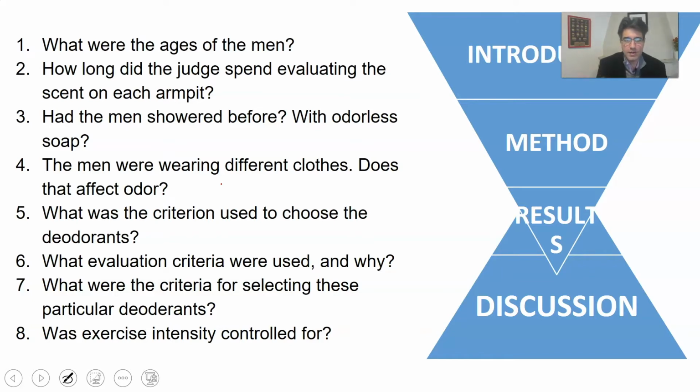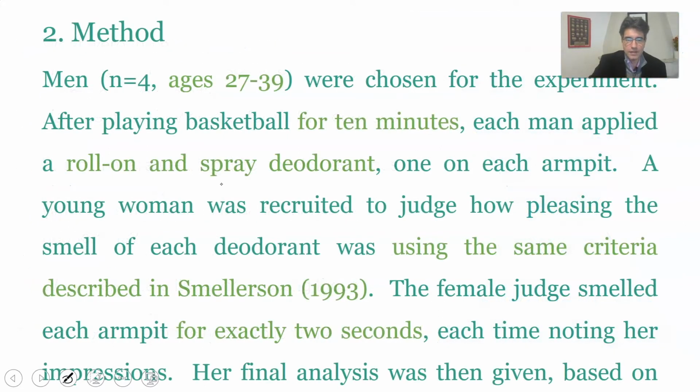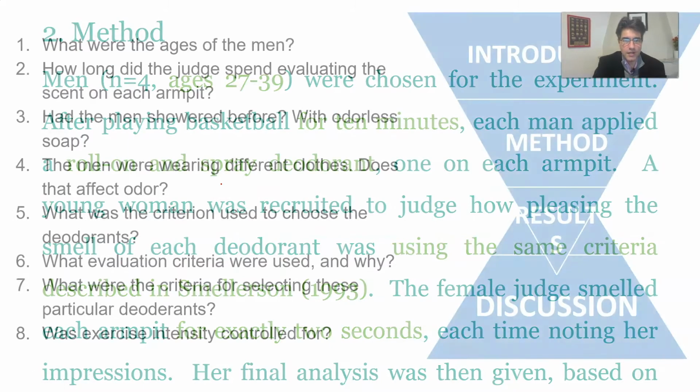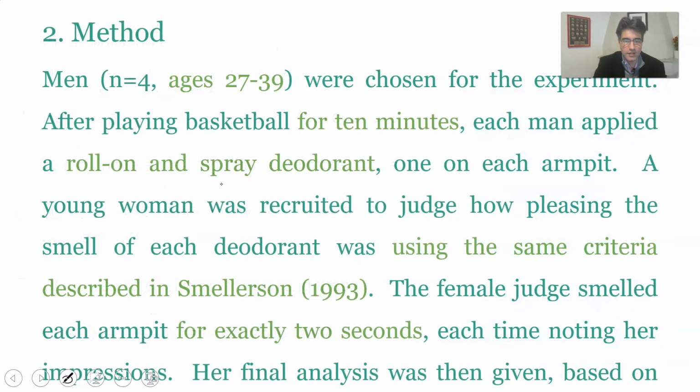All these things could possibly influence the results. And so, in this fictional world of this deodorant experiment research report, if you did indeed control for those variables, you would want to include that information in the method section description.